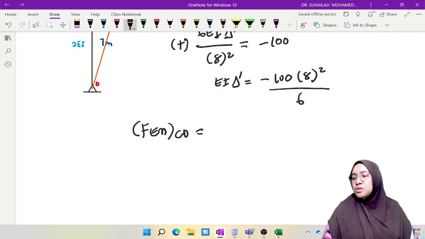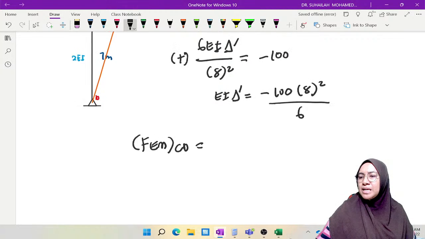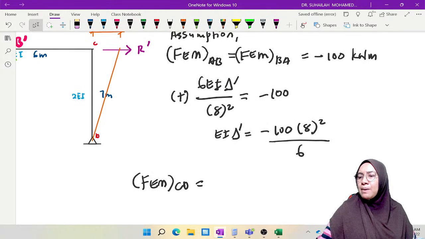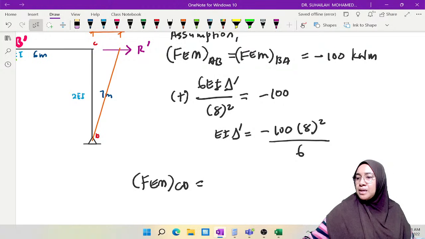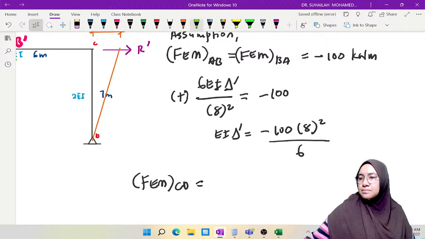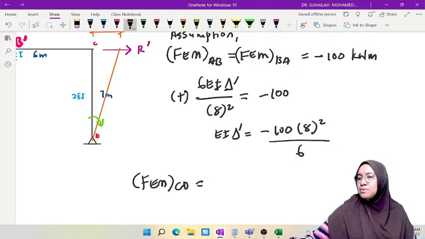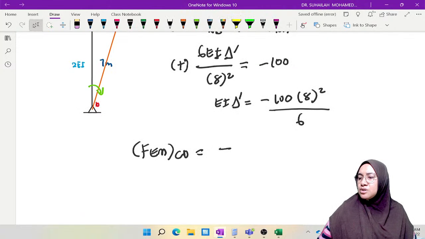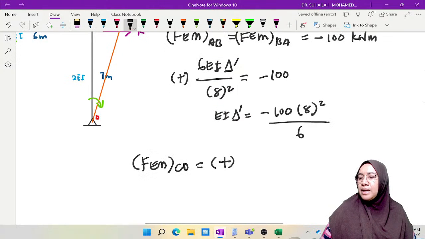So for FEM CD, look at member CD. It rotates clockwise, it rotates the same, so it is a clockwise rotation. So the angle is positive, and we use 3EI.